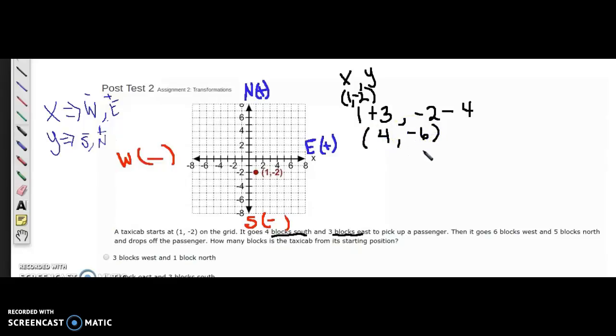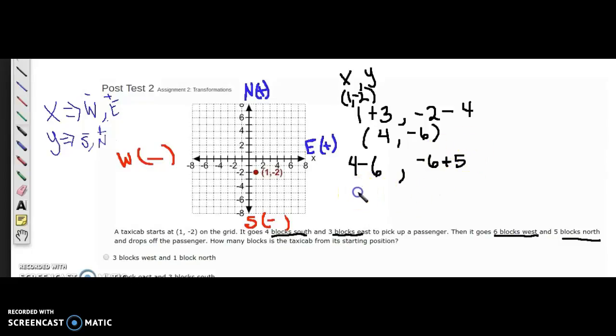Now the taxi's dropping off another passenger, so its new ending location will be: 4 is where we start, and then 6 blocks west. So west is -6 blocks. And then my new y, I'm going to go 5 blocks north, -6 plus 5, because north is positive.